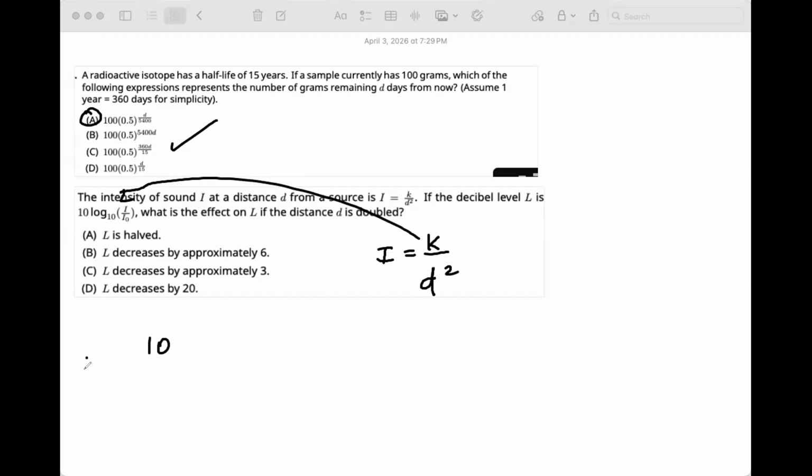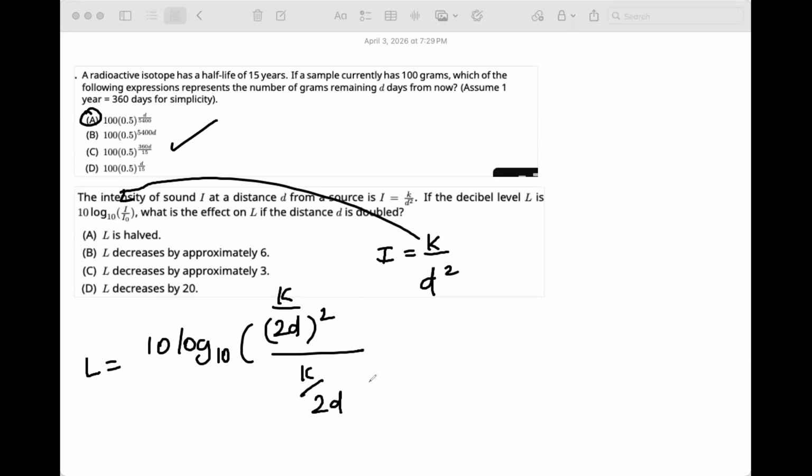So, decibel level L will be equal to 10 log base 10 of K by the new D, 2D the whole square, right? The old D is D. So, K and K will get cancelled. 2D the whole square is 4D square.